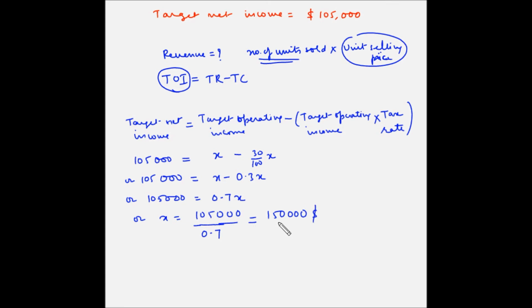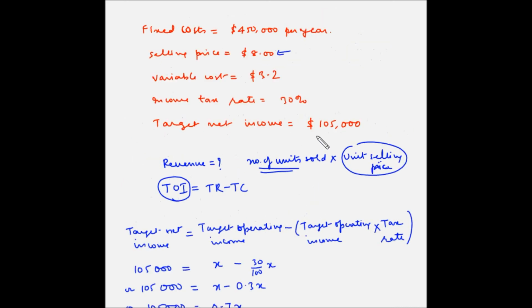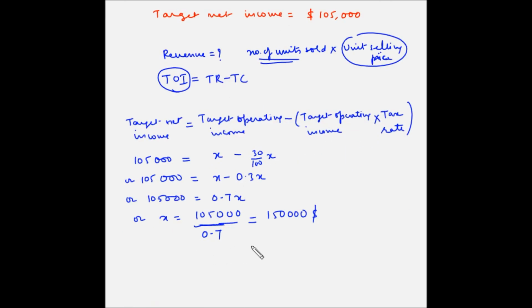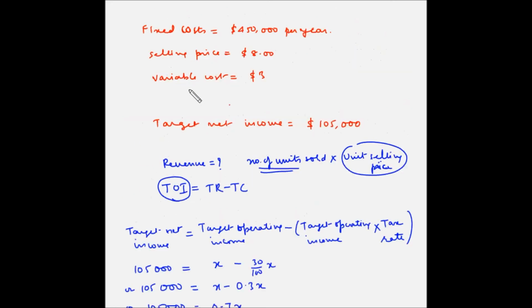So basically the target operating income is $150,000, and if you apply a 30% tax on it, the target net income comes out to be $105,000. So now we can use this formula of targeted operating income to find out the number of units sold, and then we can use that to find out the revenue.